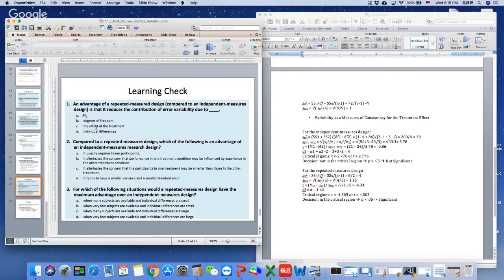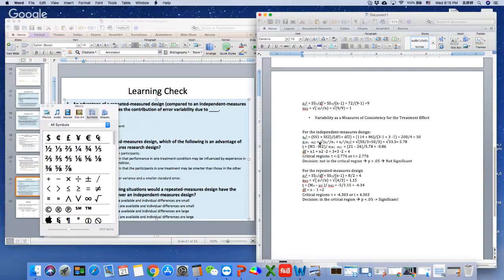And the effect size is also just due to the mean. And degrees of freedom, you see here.